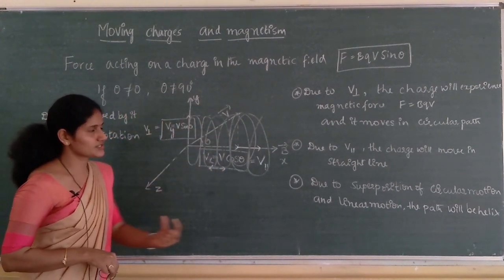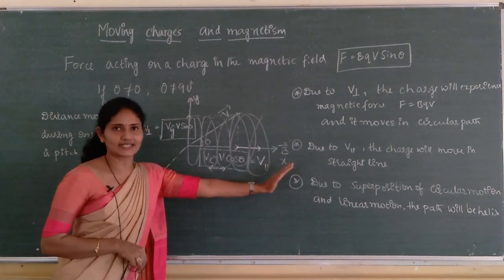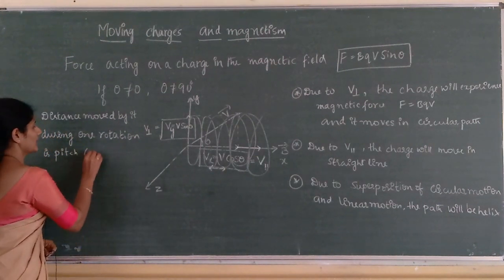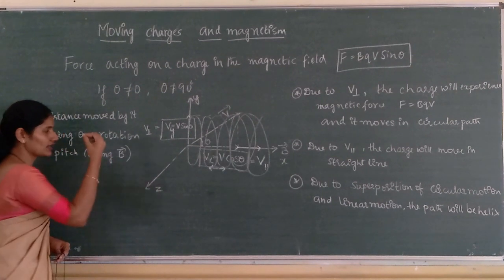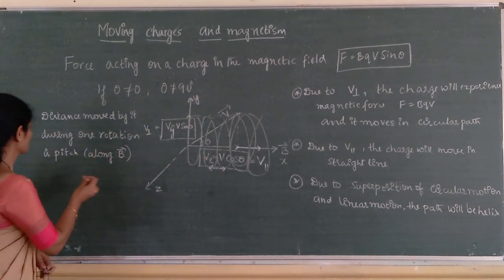It is the distance moved parallel to the magnetic field B, along the magnetic field B.